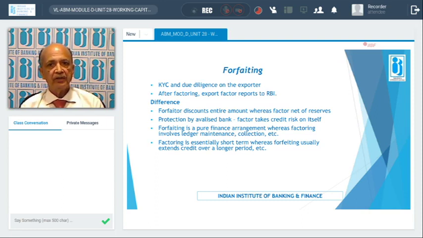Forfeiting is purely financial, factoring is essentially short term, whereas forfeiting usually extends over a longer period. I hope that you have got a fair idea about factoring as well as forfeiting. Along with that, we discussed a little on the difference between these two facilities which are being considered by the banks nowadays. Okay.